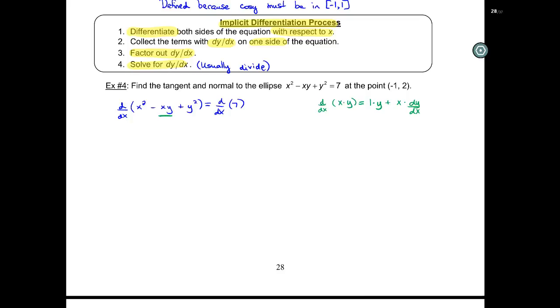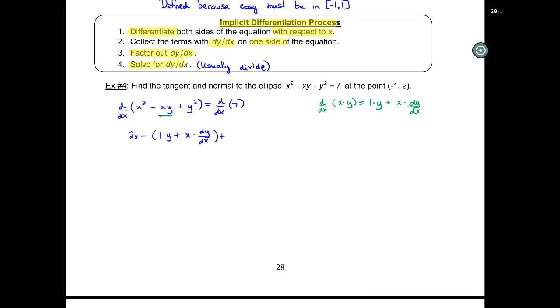Okay, so let's go through. What's the derivative of x squared? 2x. Minus, okay, the derivative of xy, we just did that whole thing over here, right? So I'm going to put it in parentheses though, so I remember to distribute the minus. So it's 1 times y plus x times dy dx. Yeah, I just copied it exactly the same just so you guys could see the steps.